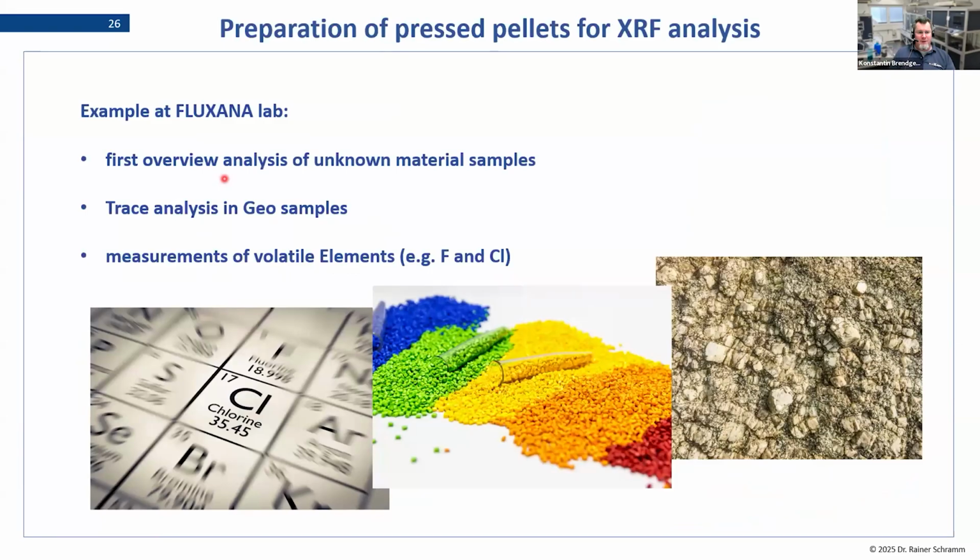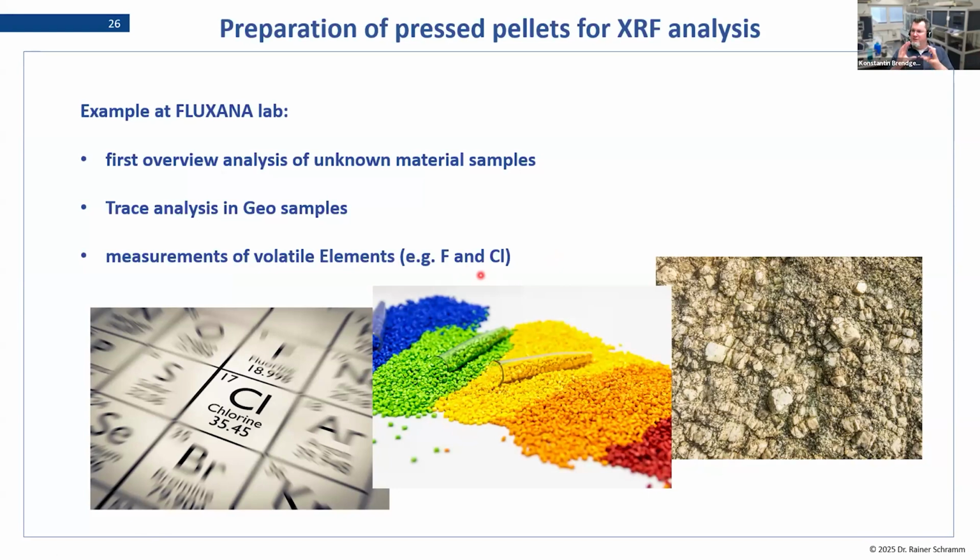Another usage of the pressed pellet method is when we're looking for volatile elements, and these are our focus of interest. Fluorine and chlorine are a good example. If you're looking at calcium fluoride, for example, as a raw material, doing that in a fused bead is not a good idea, just because the high temperature gets rid of it, and it's not really repeatable in the fused bead.